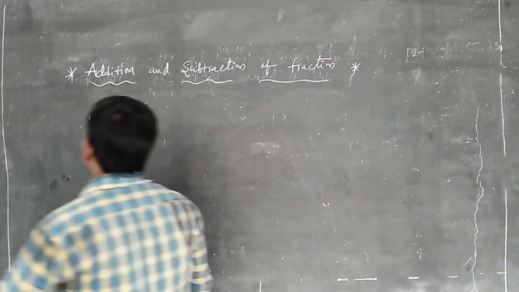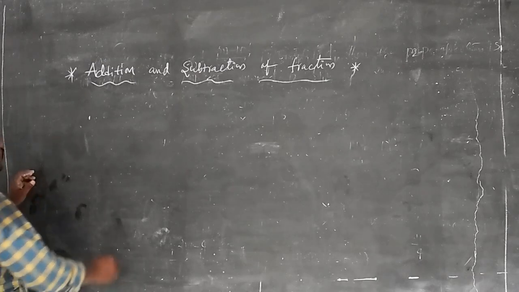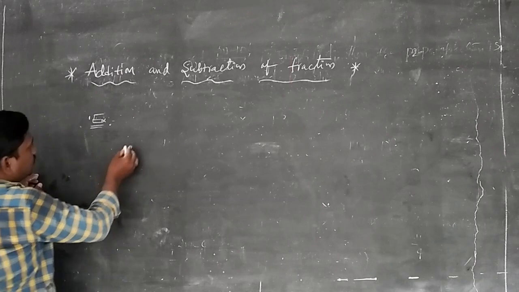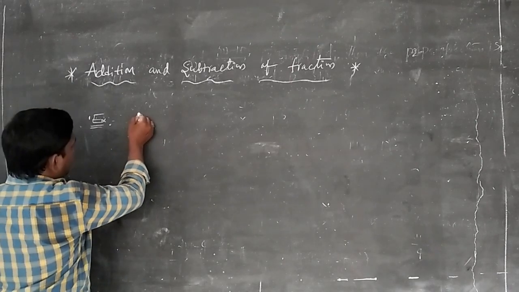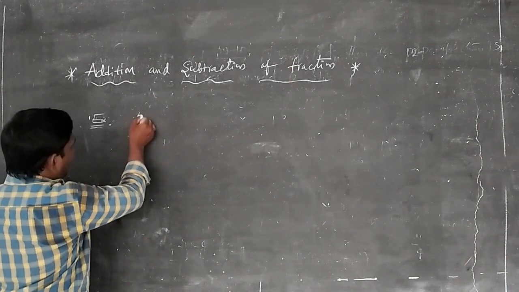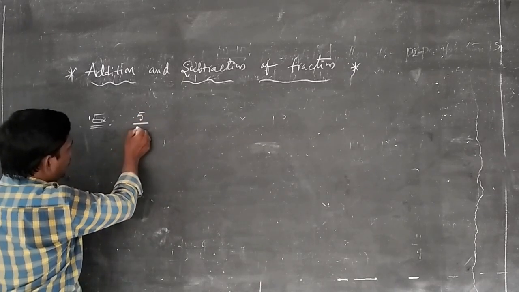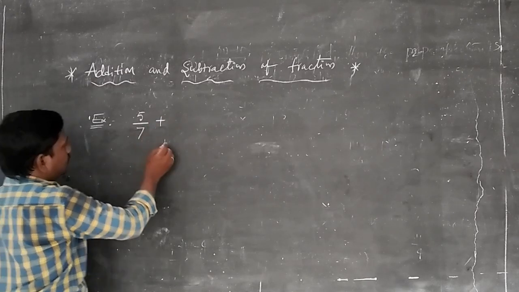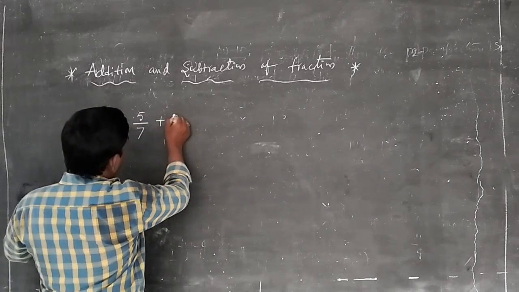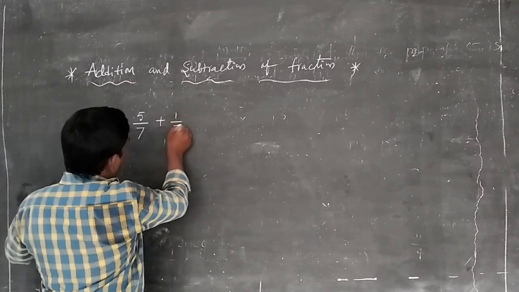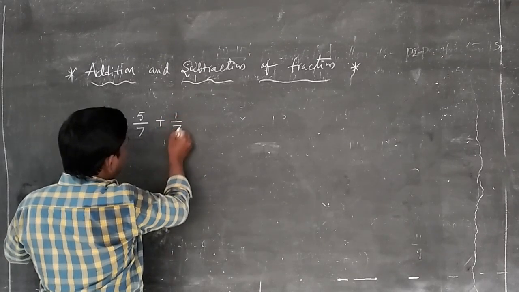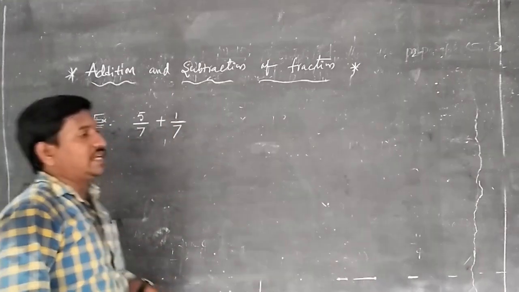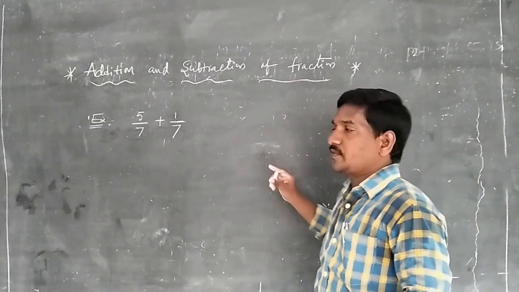For example, 5 by 7 plus 1 by 7. 5 by 7 and 1 by 7 both are like fractions.